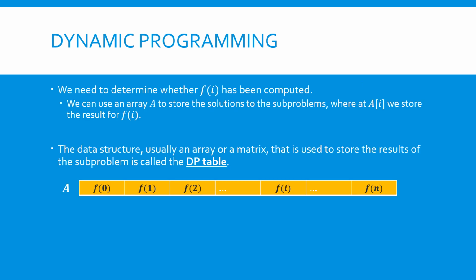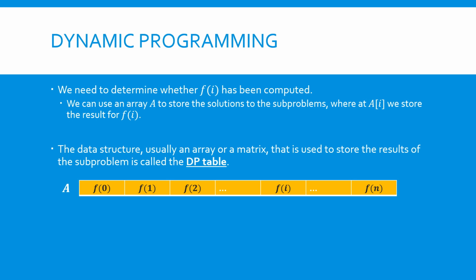Okay, now let's sort out the details of how to memorize the intermediate results of the subproblems. We know that the subproblems are indexed by its parameter i, which means that given a specific value of i, the corresponding subproblem is unique. Therefore, we can assign an array A to store the results of the subproblems.